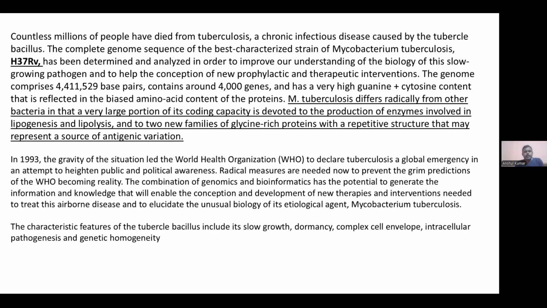Now here we know that it is one of the most prevalent mycobacteria, which has led to quite a large number of deaths throughout the world, and it's a chronic disease.